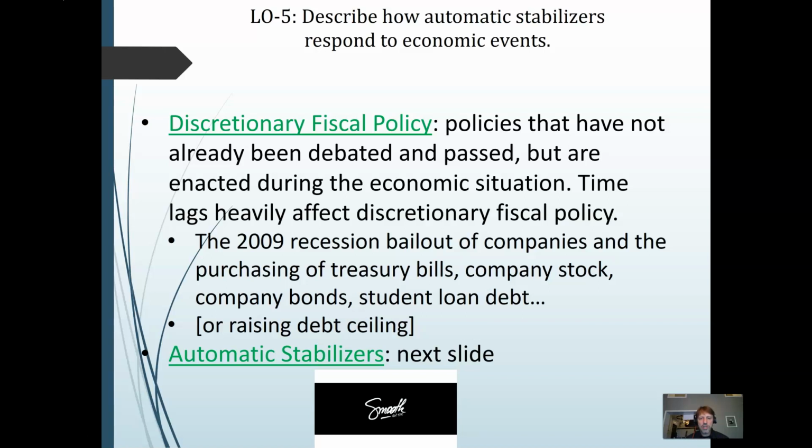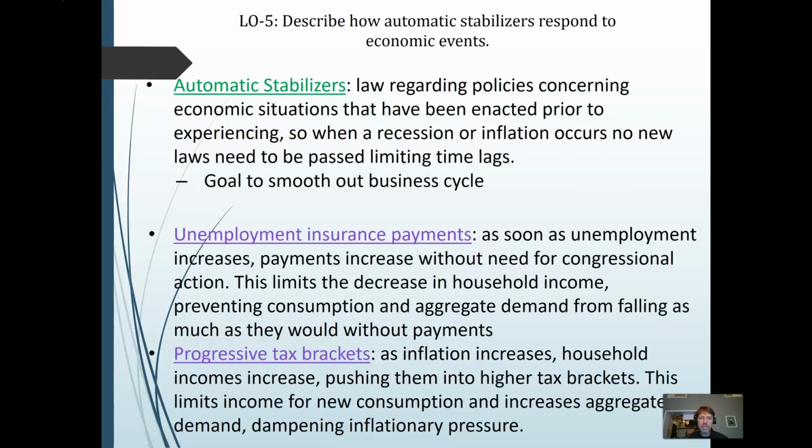Automatic stabilizers, which we're going to talk about on the next slide, try to smooth out business cycles of up and down, and they happen automatically without policymakers and politicians having to meet and make a decision because they've already put this into law and practice. So, for example, unemployment insurance.